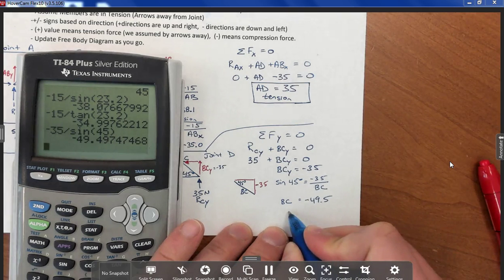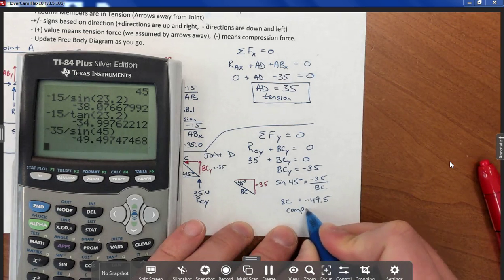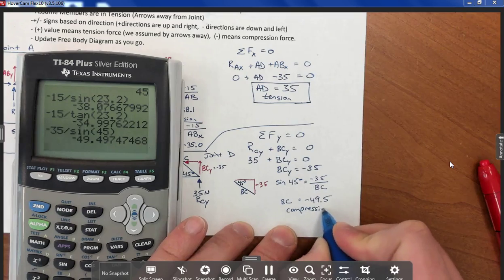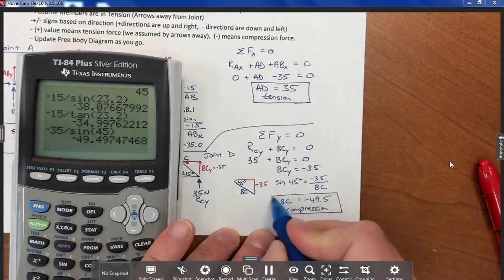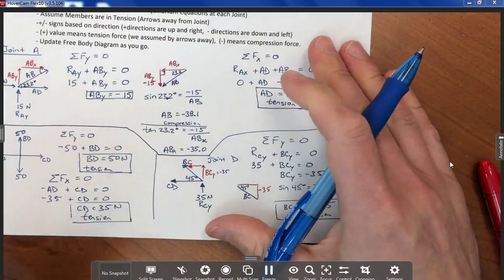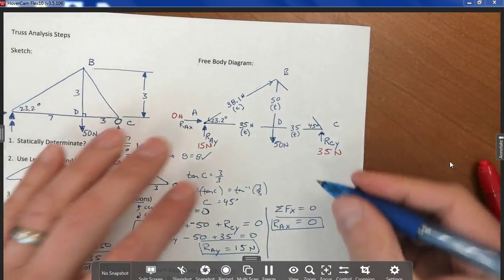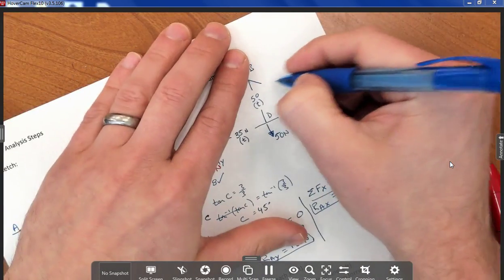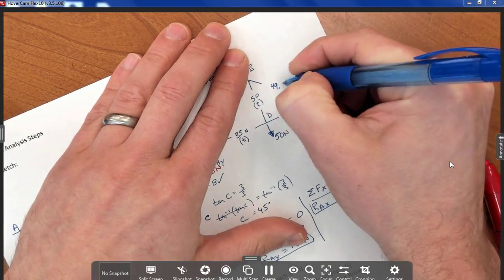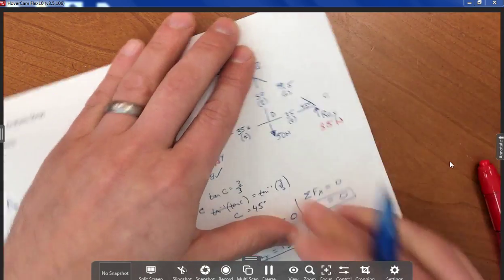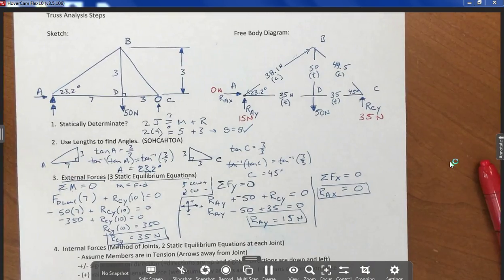And that negative means that it was in compression. All right, so that's the fun one to fill in, 49.5, because it is the last one. That truss has been solved.